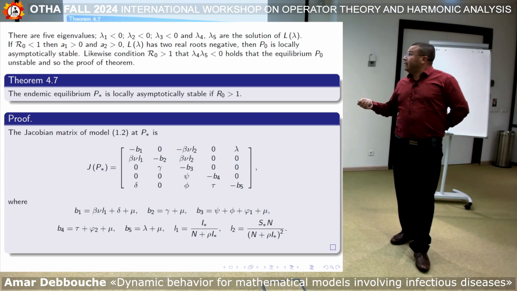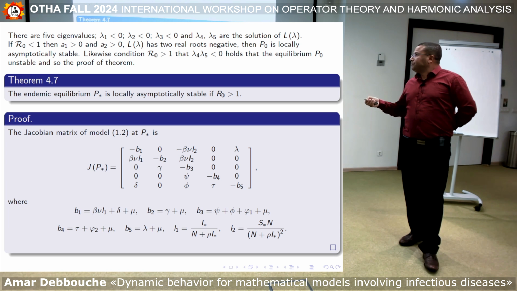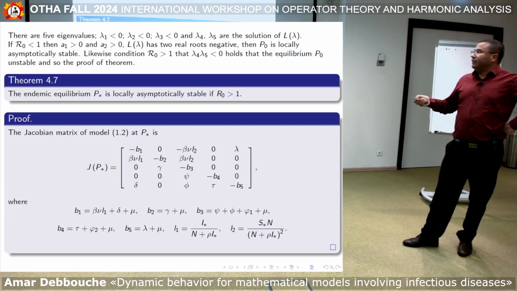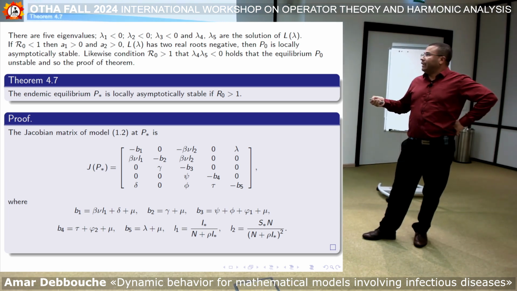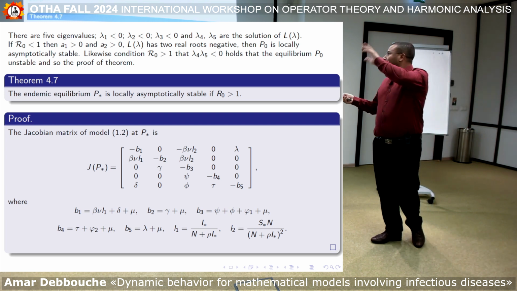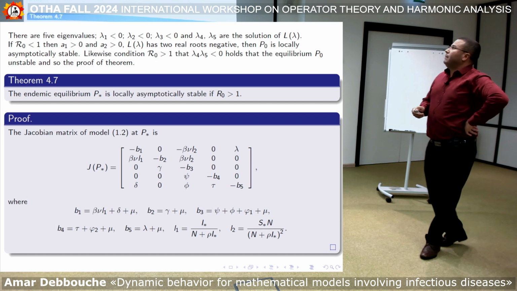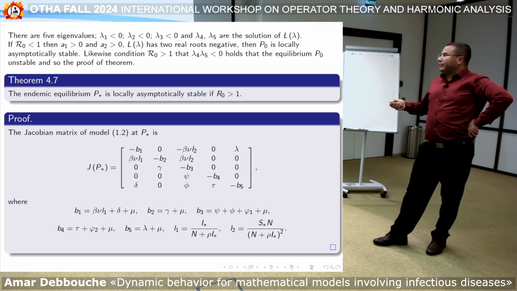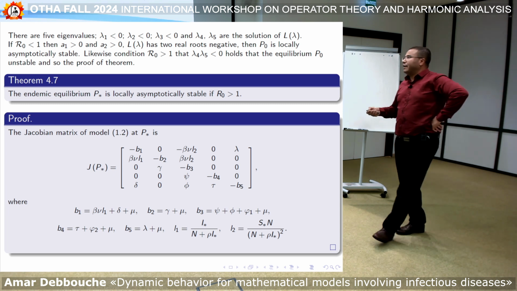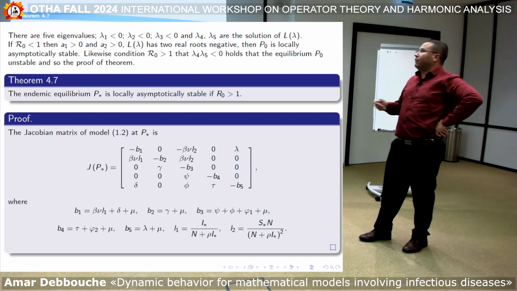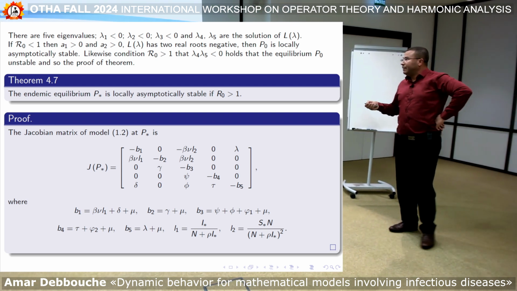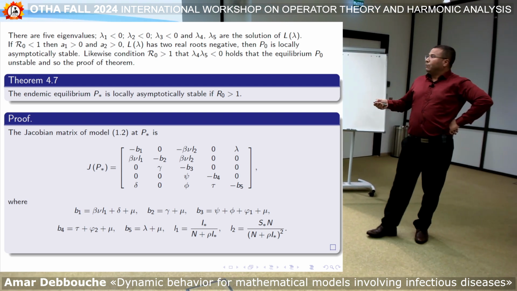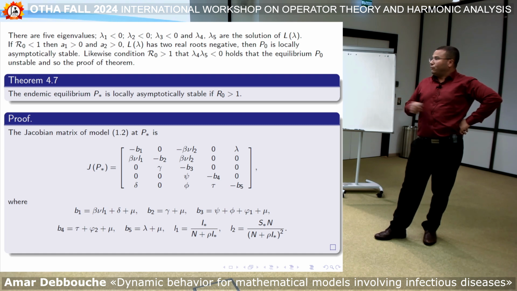The next result is about the second case, the endemic equilibrium P star, which holds for the opposite case. It is locally asymptotically stable if now R0 is more than 1. We use again the Jacobian matrix of our considered problem at P star, which is given with this form.